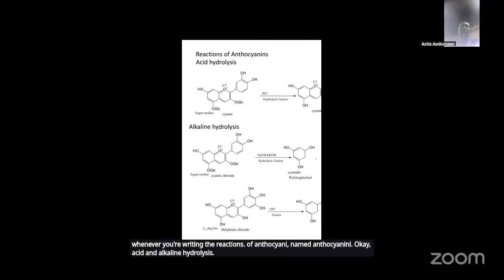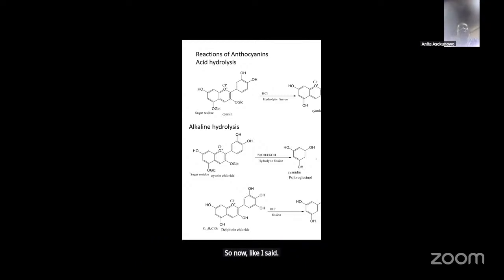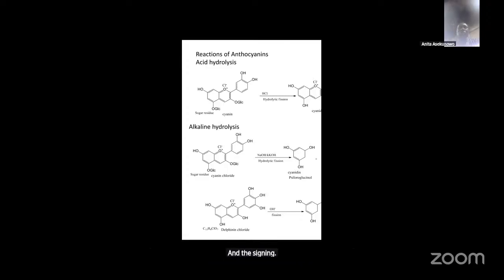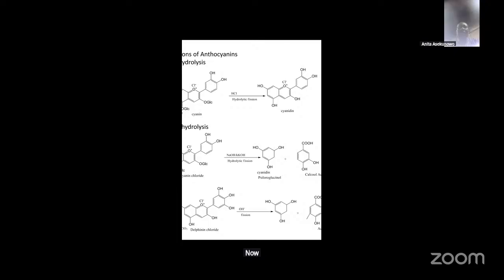Like I said, in acid hydrolysis, the sugar moiety is cleaved out because of the presence of acid. So we move from a sugar-bearing anthocyanin to a sugar-free anthocyanidin. Acid hydrolysis is very simple.